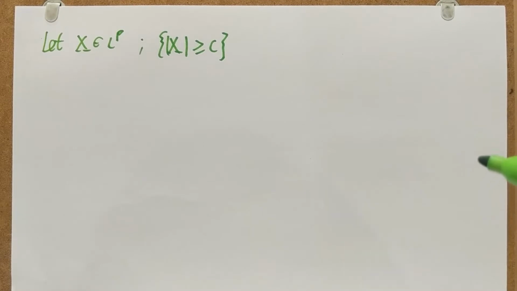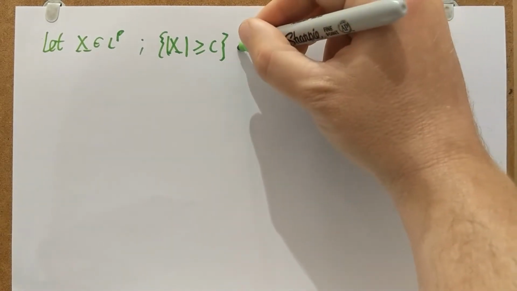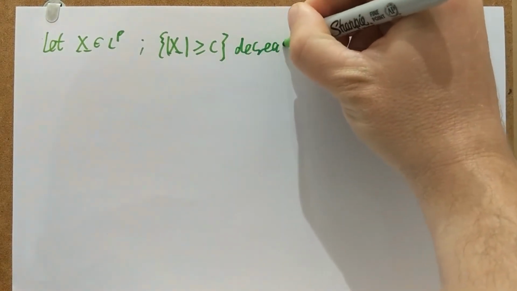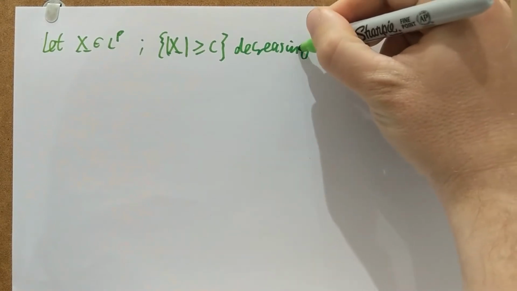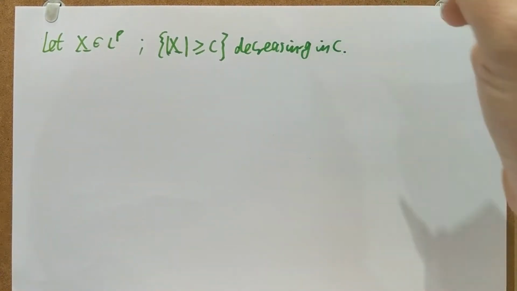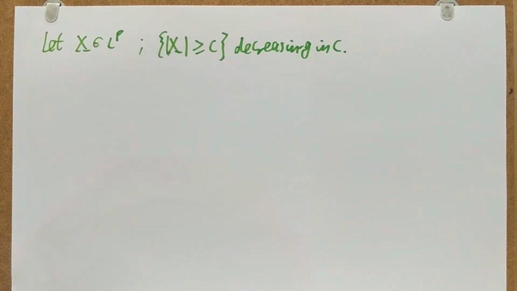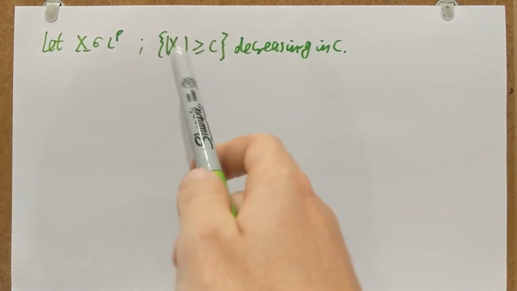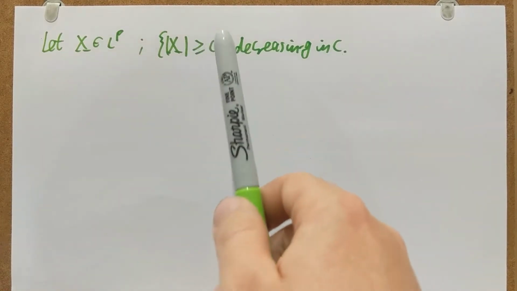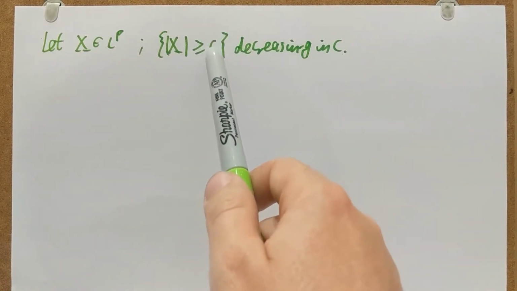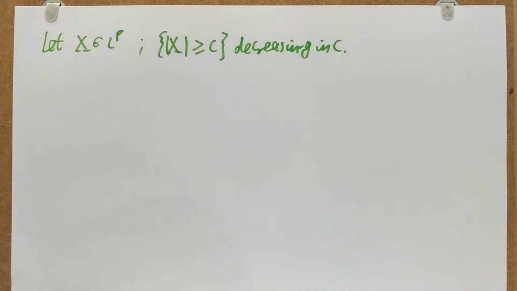Look at these events. I claim that these events are decreasing in c. As you increase c, well, c is not discrete, it's continuous, but that shouldn't worry anybody. So these events are decreasing in c. In other words, if I increase c, then these events are less and less possible to occur.